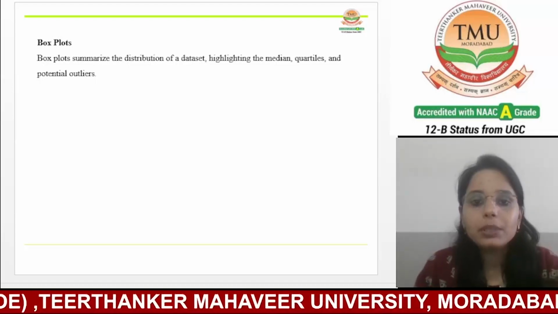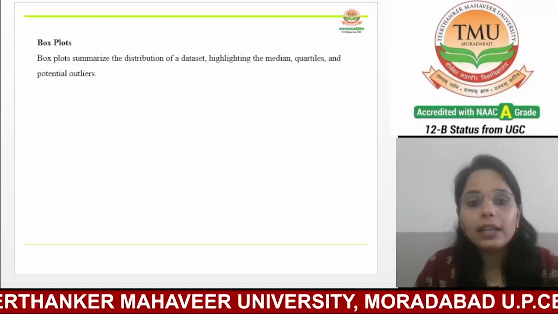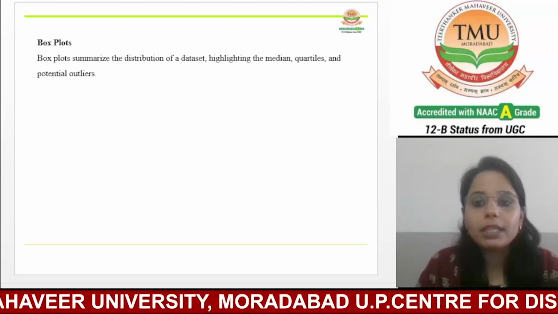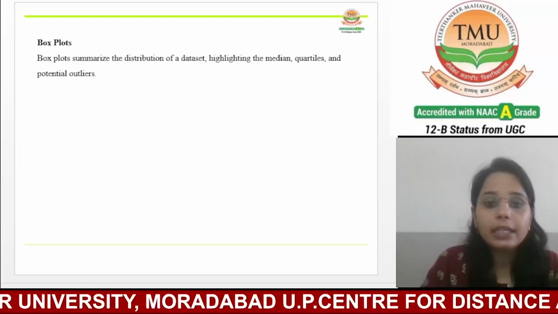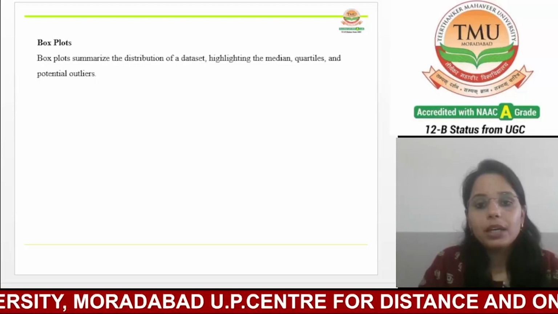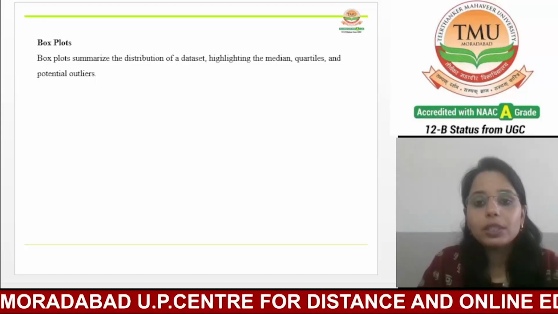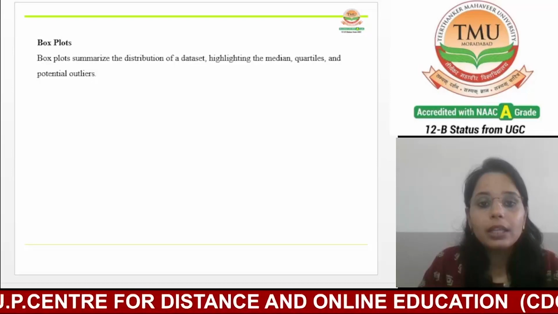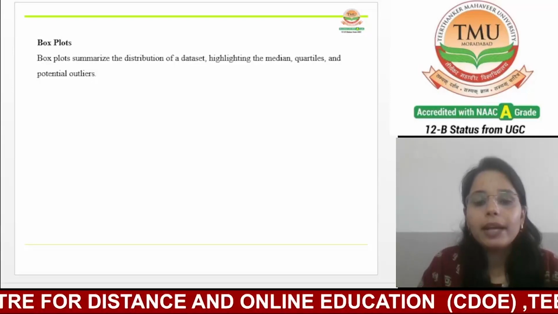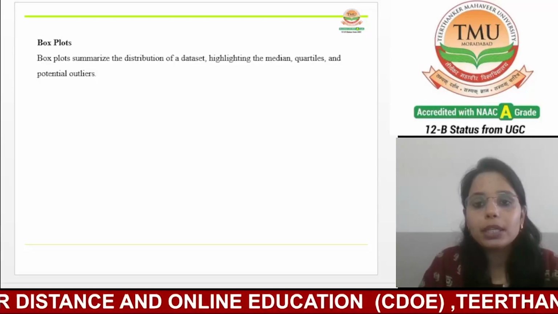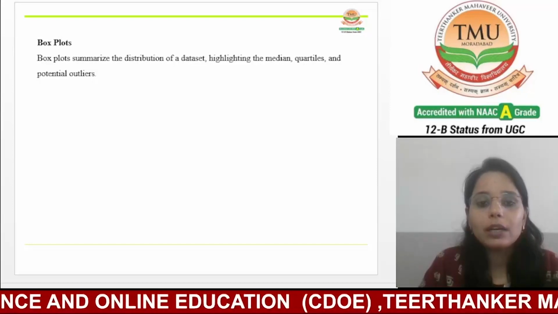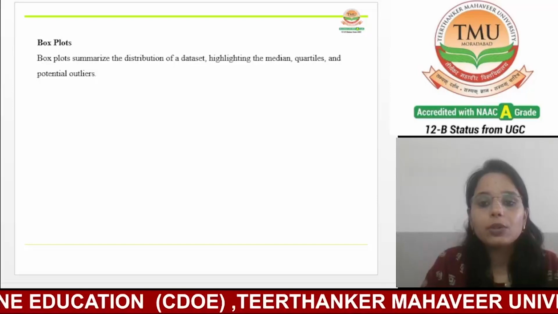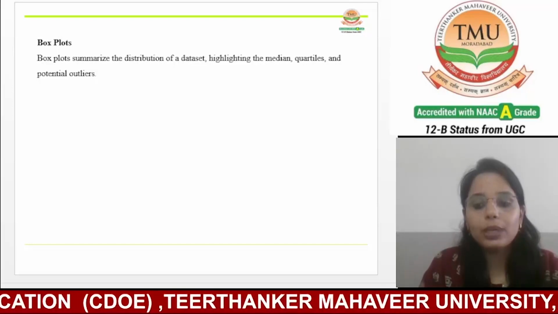The box represents the interquartile range, which contains the middle 50% of the data, with a line inside indicating the median. The whiskers extend to the smallest and largest values within 1.5 times the IQR, while points outside the range are plotted as outliers. Box plots are useful for comparing the distribution across different groups and identifying skewness.